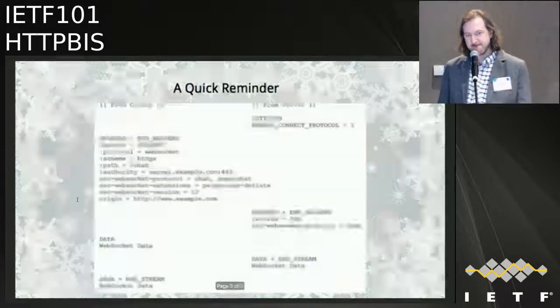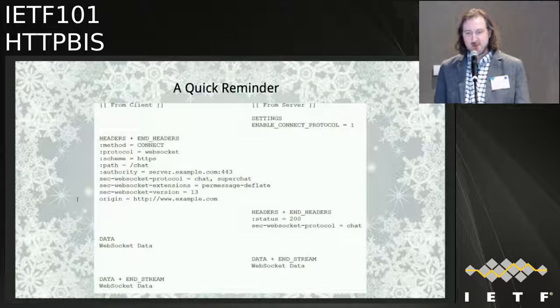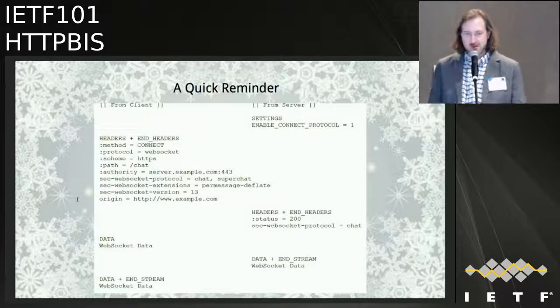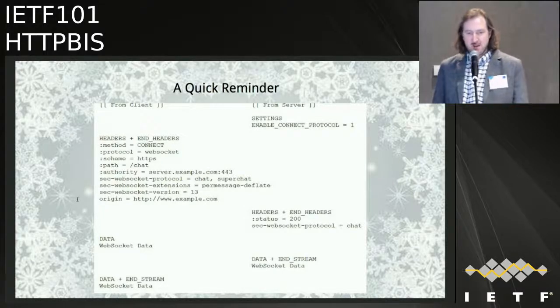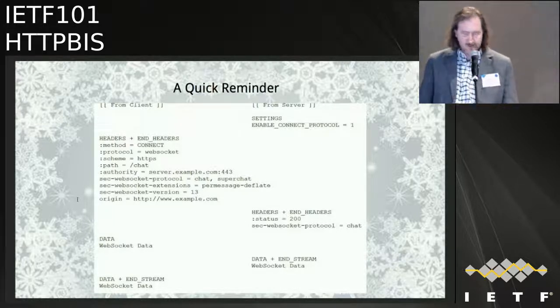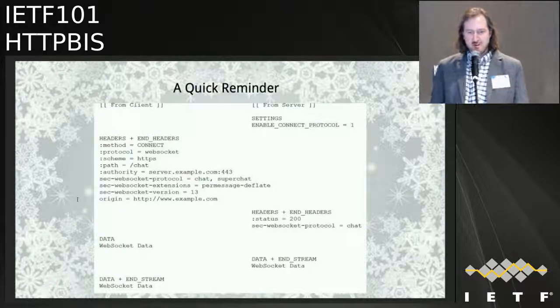Next slide. All right, so if you don't know what I'm talking about, this is what the draft looks like. In order to use the WebSocket protocol, which is RFC 6455, in HTTP1, you more or less use the upgrade header, which changes your whole TCP connection to start speaking 6455.